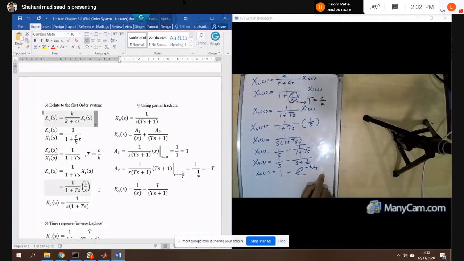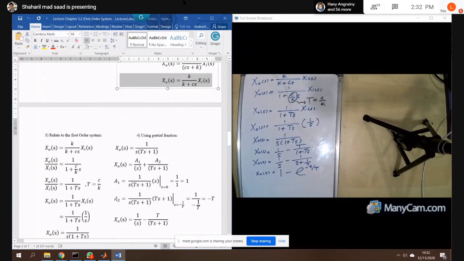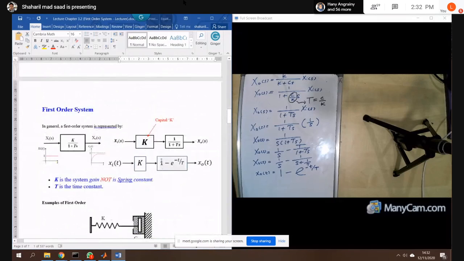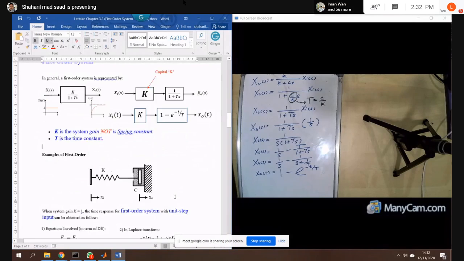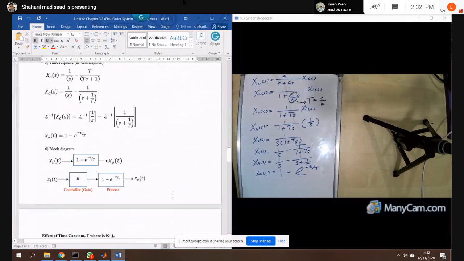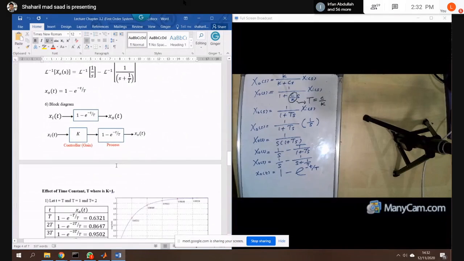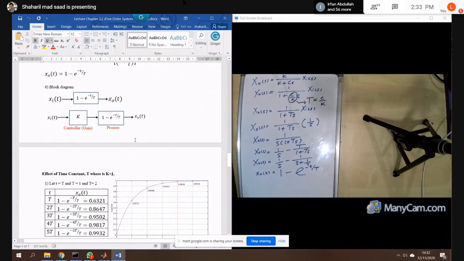So the general equation for the first order is like this in the time domain, and in the Laplace domain it is 1 over 1 plus time constant times s.